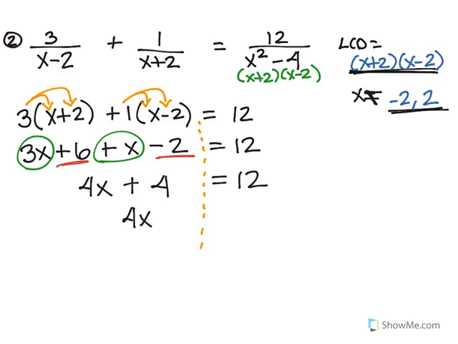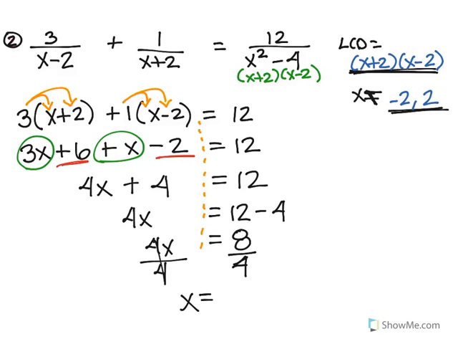So we're going to get x by itself by subtracting 4. That's going to give us 8. And then we divide by 4. And x equals 2.